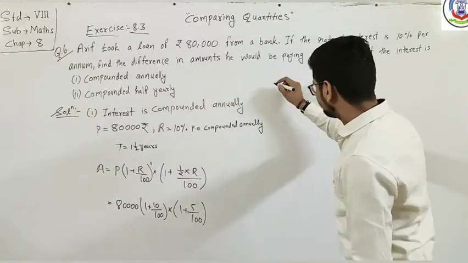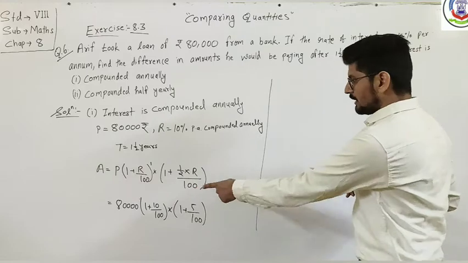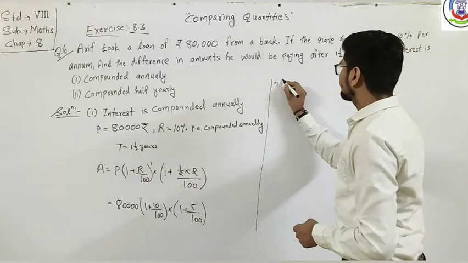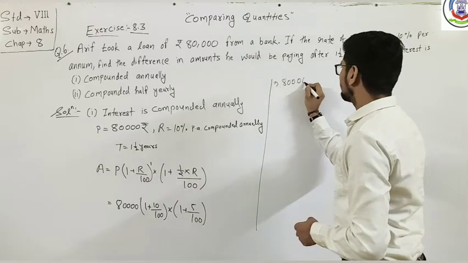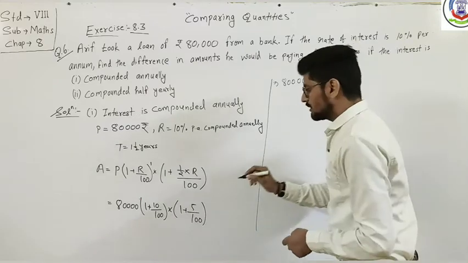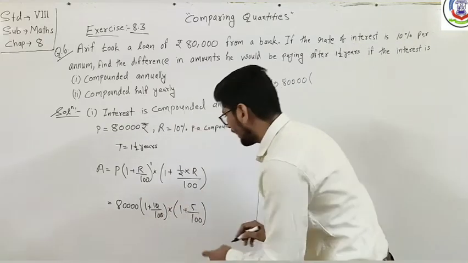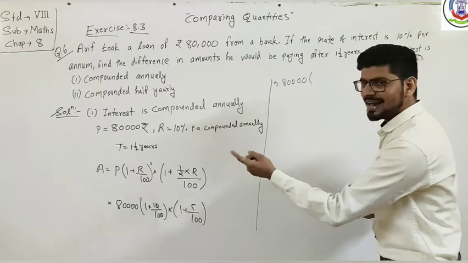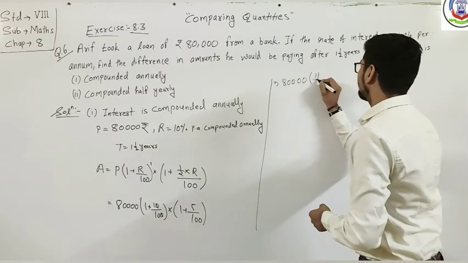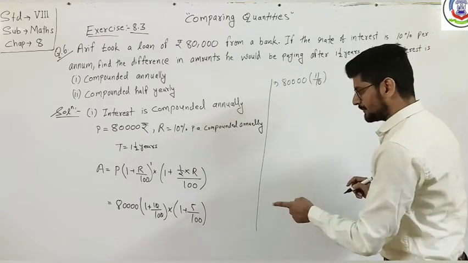After that इसे हम सॉल्व कर देंगे. 80,000, 0 से 0 कैंसिल and we get 1 plus 1 by 10 that is 11 by 10. Clear?